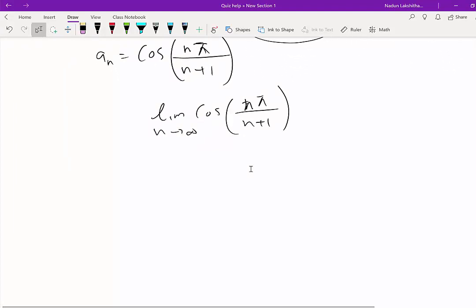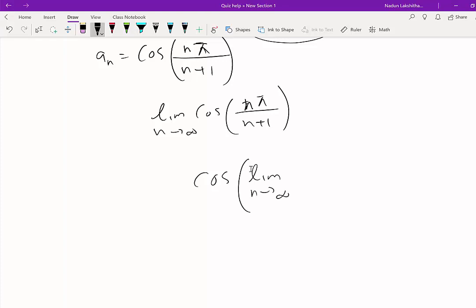So let's take the limit inside. Let's discuss what happens inside the cosine function. That means what happens to n pi over n plus 1. What do you think happens to this term n pi over n plus 1 when n gets really large?